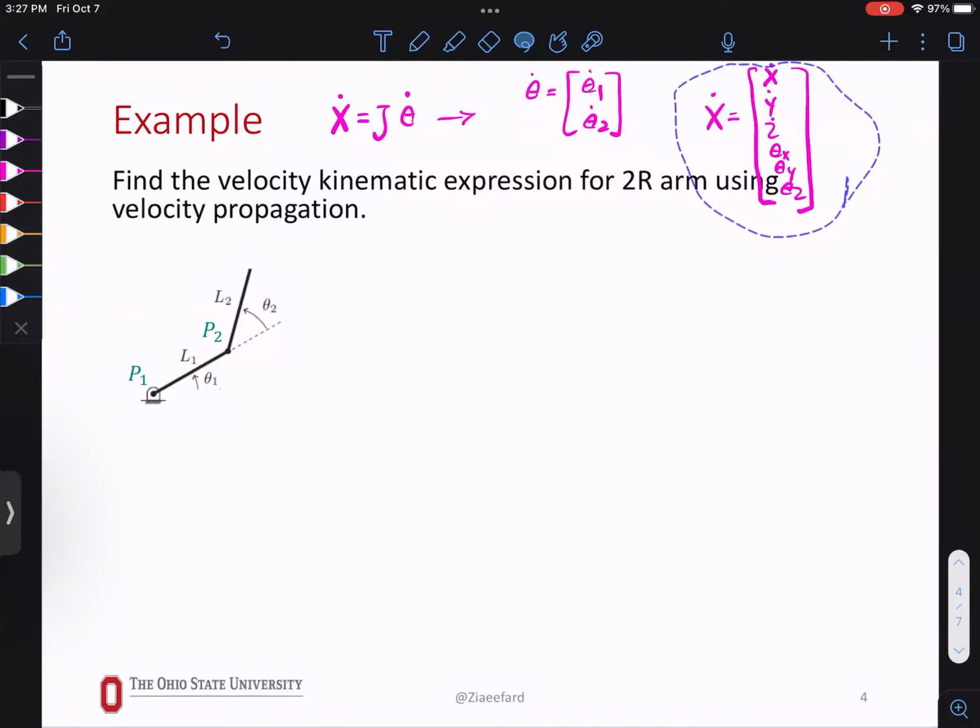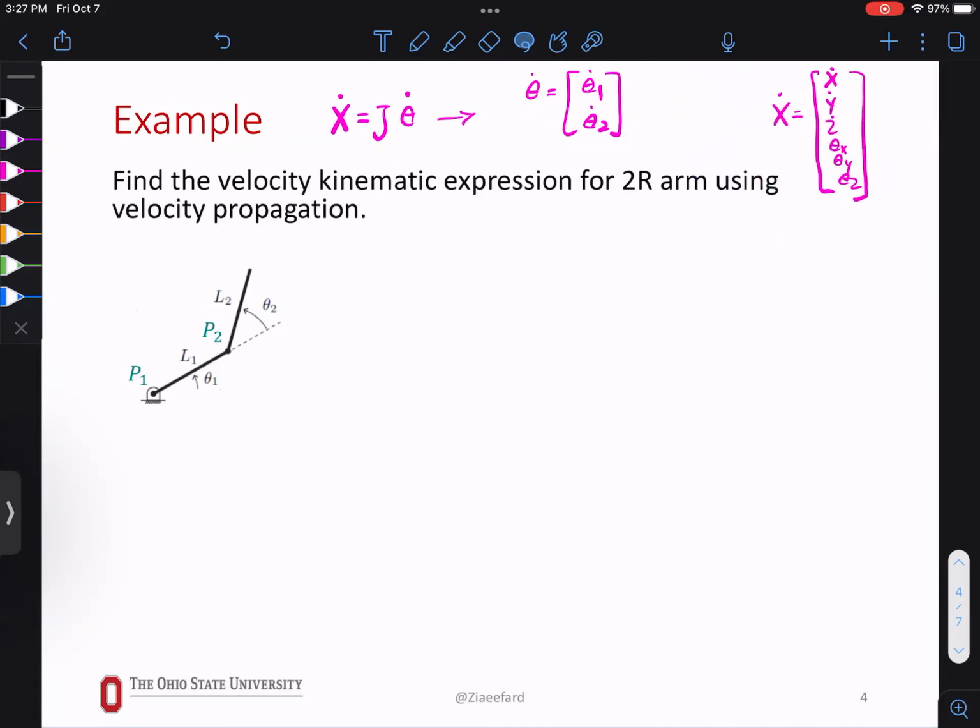So this is the complete velocity kinematics. You remember in the last class, what was the dimension of your Jacobian? 2 by 2, right?